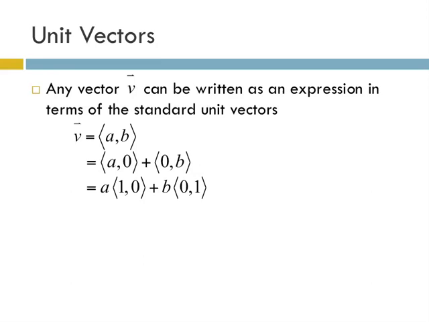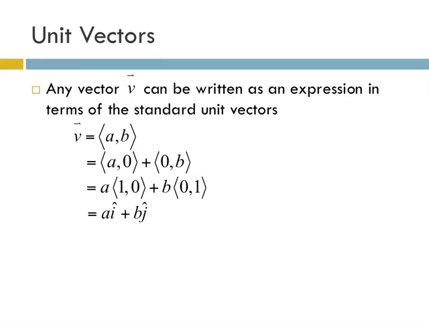Now, the 1, 0 and the 0, 1 should look like the standard unit vectors that we just looked at, right? 1, 0, that's i hat, and 0, 1, that's j hat. So we have a times i hat plus b times j hat. So we can write any vector v with components a, b as a i hat plus b j hat.